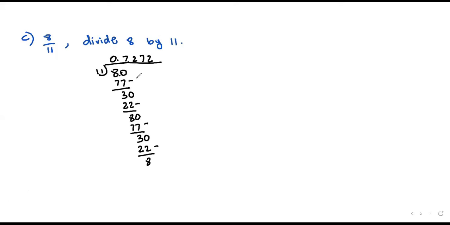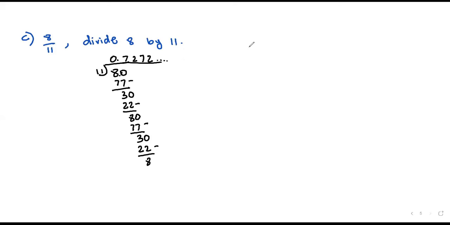So what do you think about this? 0 point 7, 2, 7, 2, 7, 2. It means that we will continue getting 72727272 without end, right?